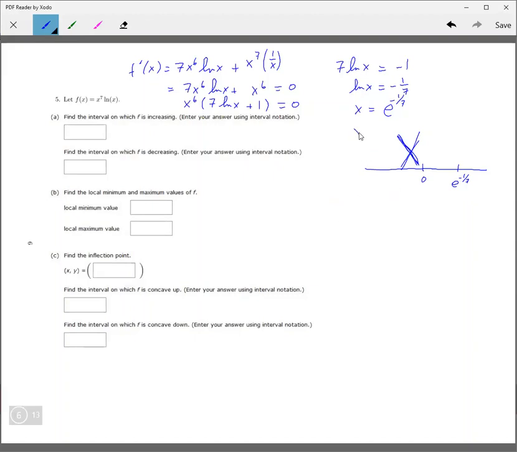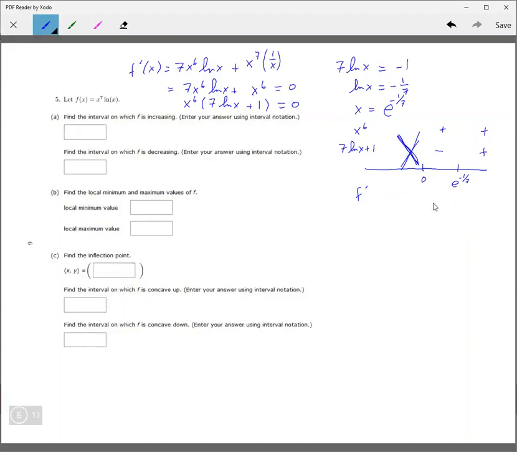Okay, so let's go ahead. We have x to the 6th, and we have 7 log x plus 1. Those are the factors of f prime. X to the 6th is always positive no matter what. This one is negative here and then positive after, because this is 0 here. Log x is an increasing function, so it's going to be negative over here and then positive after.